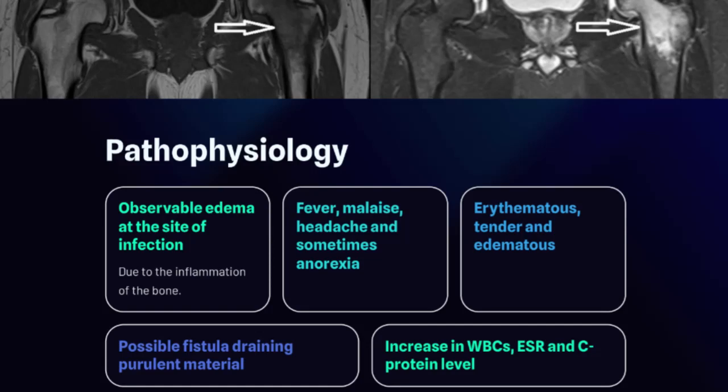Furthermore, laboratory investigations often reveal an increase in white blood cell count, erythrocyte sedimentation rate (ESR), and C-reactive protein (CRP) levels, indicative of the body's systemic inflammatory response to the underlying infection. By unraveling the intricate pathophysiology of osteomyelitis, clinicians can gain valuable insights into the disease process, facilitating early recognition, prompt intervention, and optimized patient outcomes.